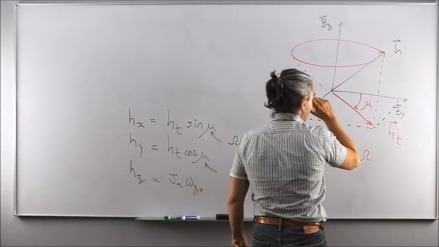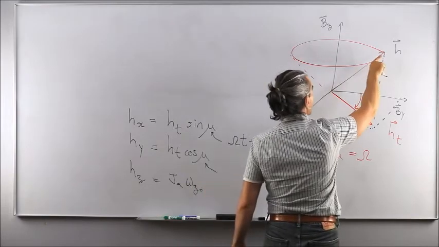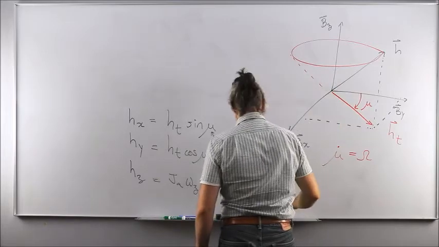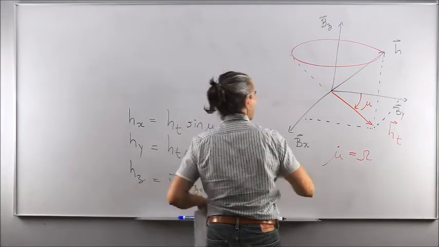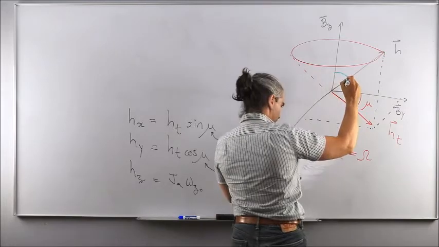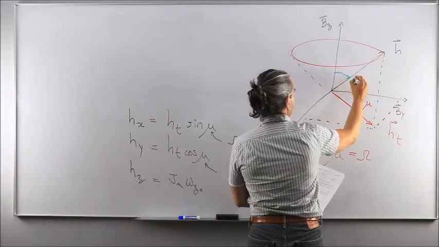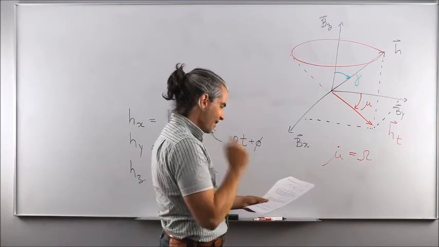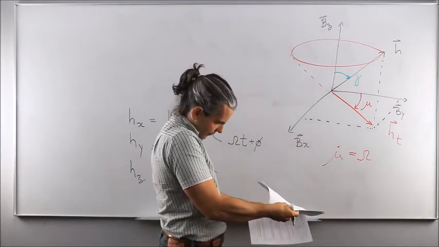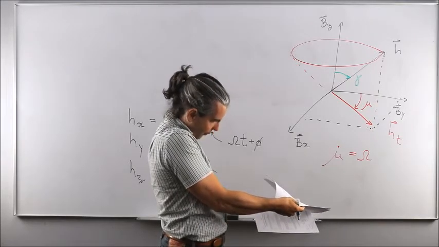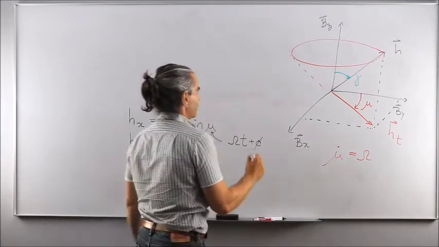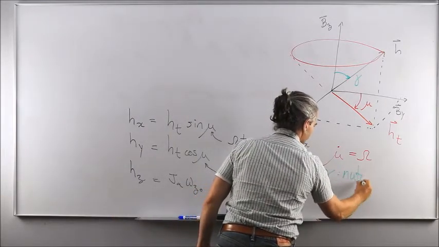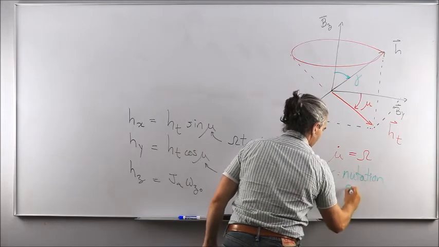The only difference is that the angle that the angular momentum vector makes with respect to bz is different than before. This time I'm going to denote this angle as gamma. Before it was beta, now it is gamma. Turns out that gamma has a special name and is known as the nutation angle.